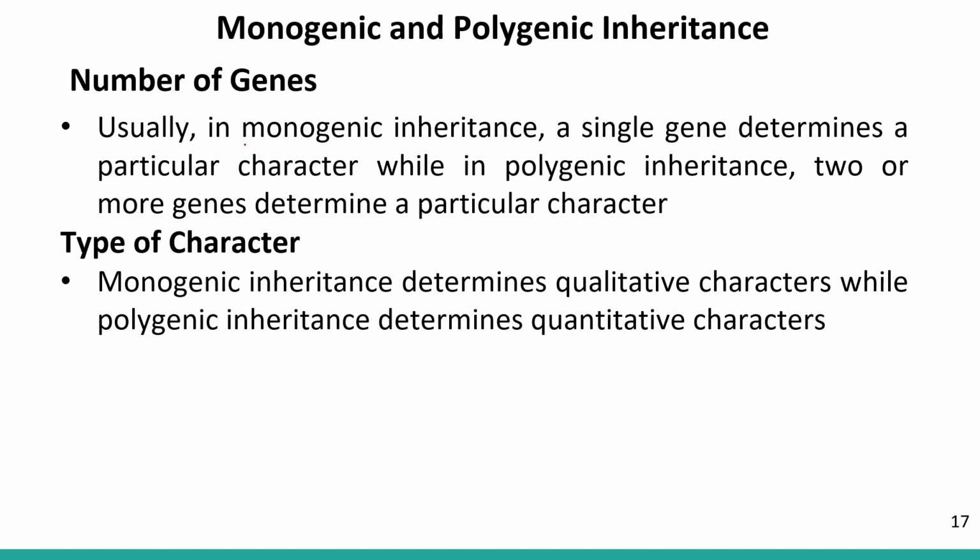Number of genes: usually in monogenic inheritance, a single gene determines the character, whereas in polygenic inheritance, two or more genes determine a particular character. That is the first difference. Second difference, type of character. Monogenic inheritance determines the qualitative character, while polygenic inheritance, just the opposite, determines the quantitative character, as we have seen in the case of skin color.